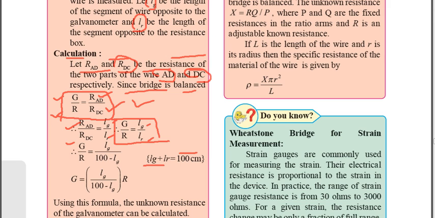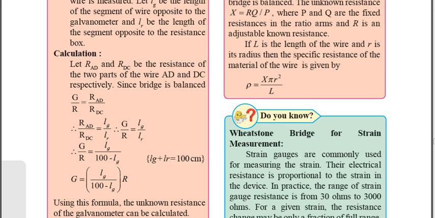So G is equal to Lg divided by (100 minus Lg) into R. So using this formula the unknown resistance of the galvanometer can be calculated by using the Kelvin method.